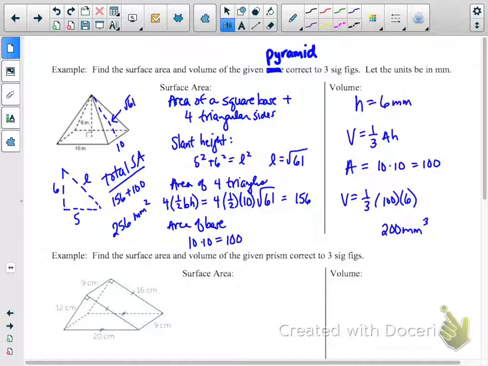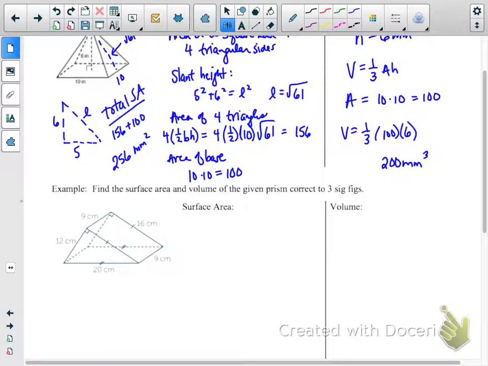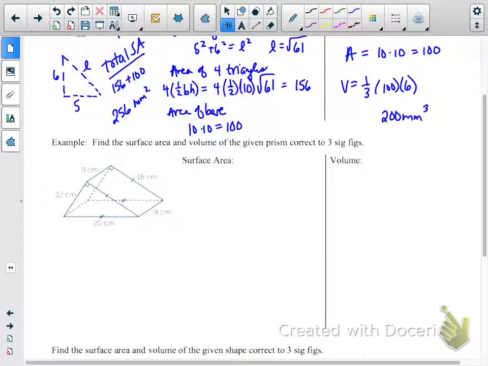Okay, so back to our prism here. So for my surface area, again, the surface area is definitely the hardest here. Let's figure out what kind of surfaces we've got going on. So this is a triangular prism. So my surface area here, I'm going to have two triangles, and they will be congruent, plus 3 rectangles. Now the 3 rectangles are not congruent in this case, but the 2 triangles are.